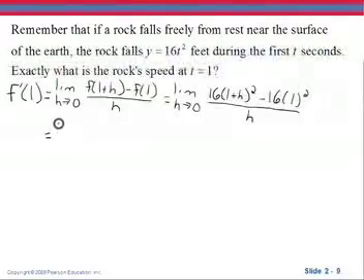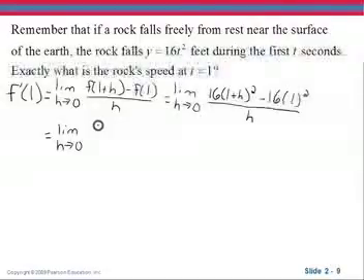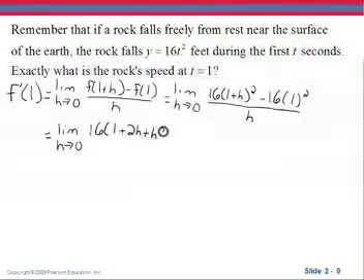Okay, next we take the limit as h approaches 0, and we simplify the numerator. Remember, when you do 1 plus h squared, you can use the perfect square trinomial formula, or write 1 plus h times 1 plus h and use FOIL. And that will be 1 plus 2h plus h squared.